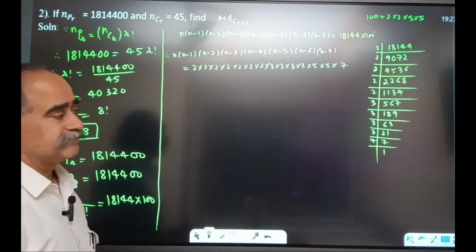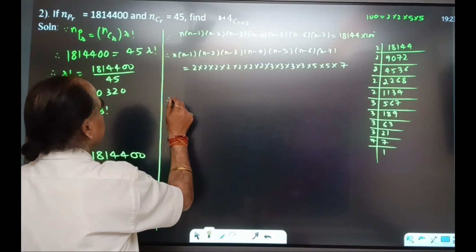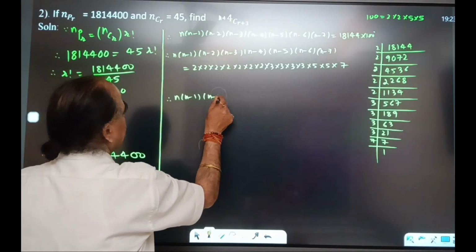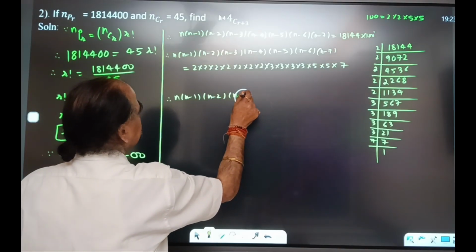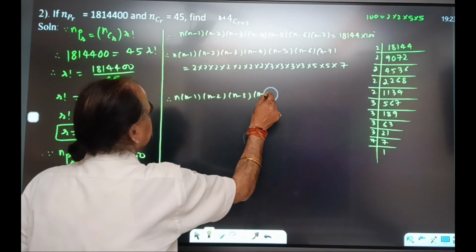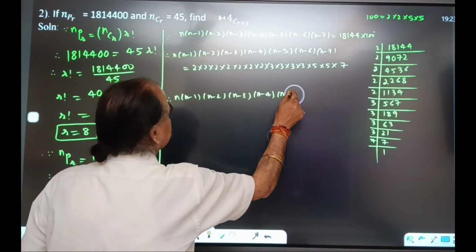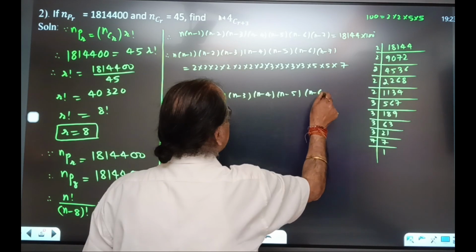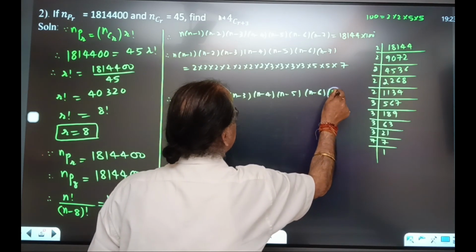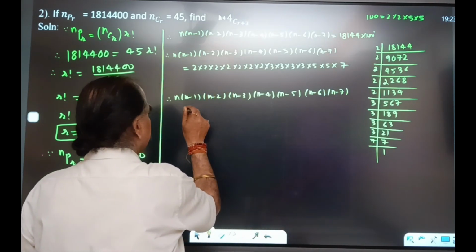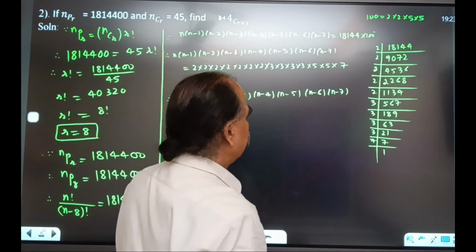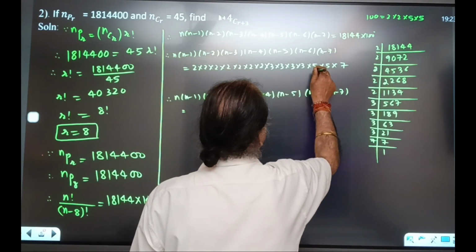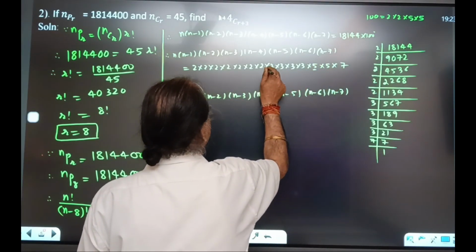Now from this we extract 8 consecutive factors. Therefore n into n minus 1 into n minus 2, n minus 3, n minus 4, n minus 5, n minus 6, n minus 7 will give you the requirement. The first is 10: a 5 and a 2 will give 10.